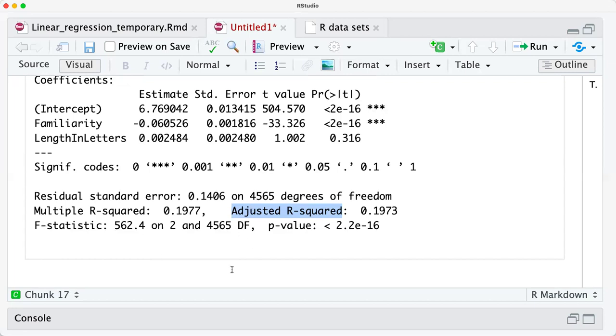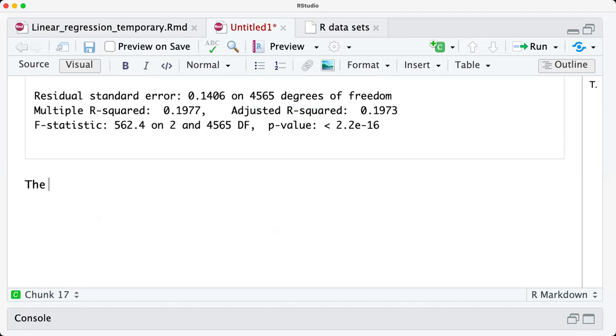So the adjusted R squared is an adjustment made in order to penalize putting in more and more variables.